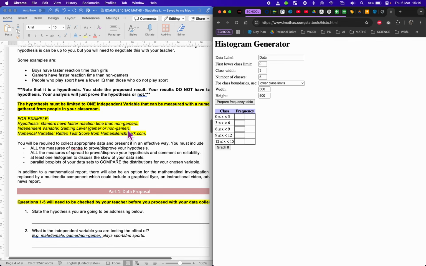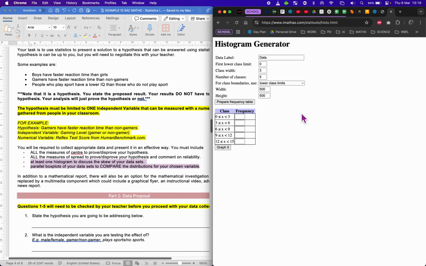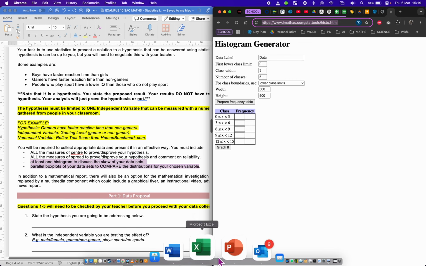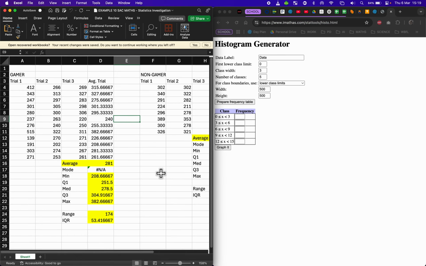And so I'm going to show you how to do a histogram using the histogram generator on imathas.com. The data that you need to put on the histogram would be your averages of the trials. Okay?